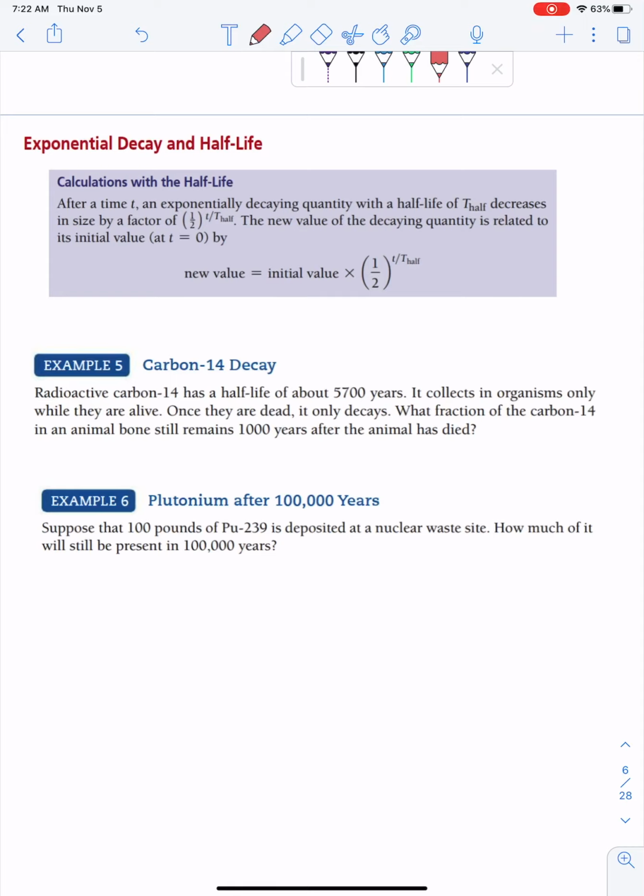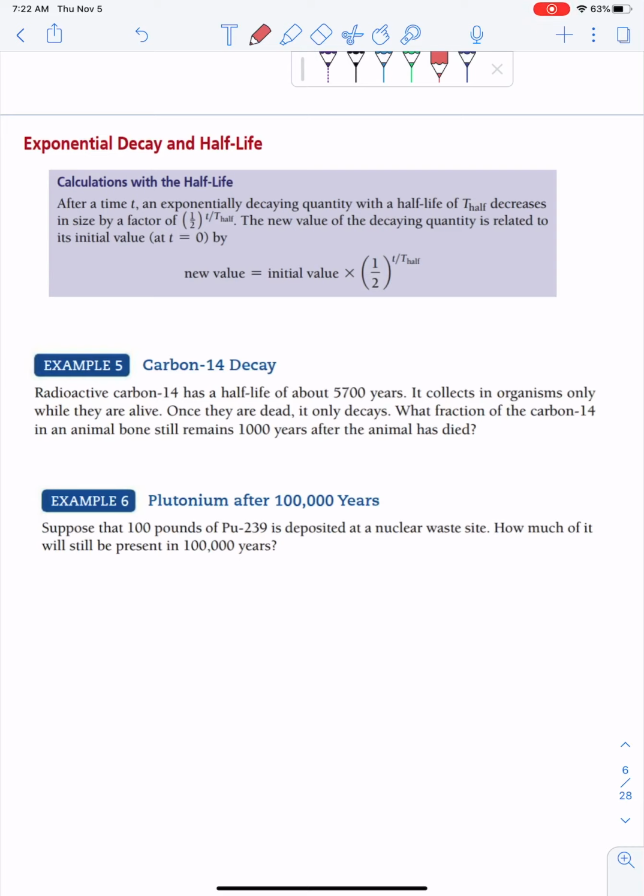Okay, exponential decay and half-life. So after time t, if we're calculating half-life, now half-life is kind of like the opposite of doubling time. Doubling time is how quickly something doubles in size. Half-life is how quickly something decays over time, how quickly it gets cut in half. That's why it's called a half-life.